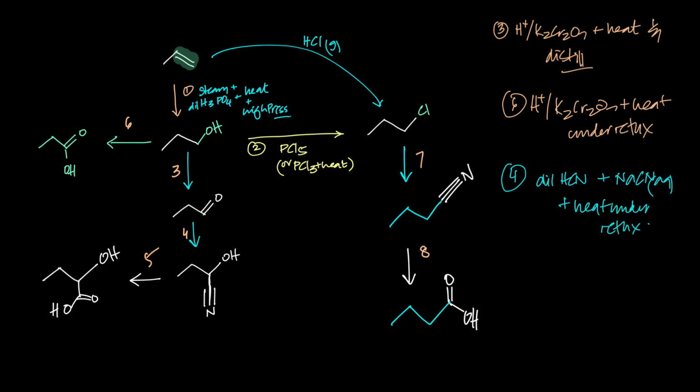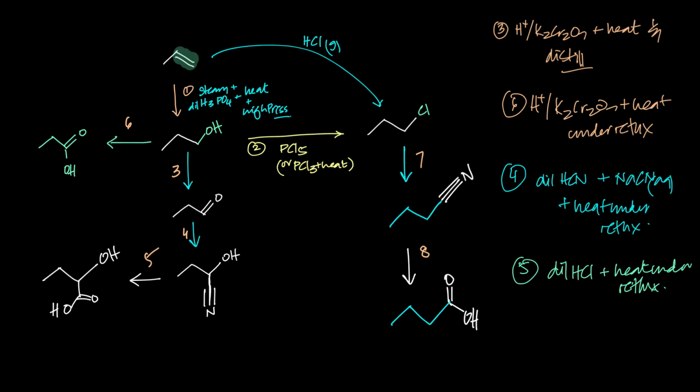That's number 4. And then number 5, you just got to convert the CN into COOH. That's called hydrolysis. And hydrolysis is just take dilute acid and heat under reflux. You will convert the CN into COOH.